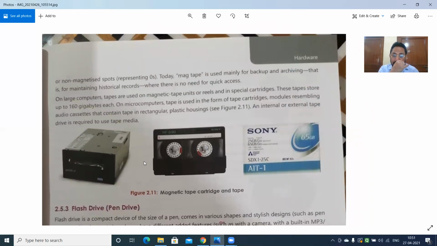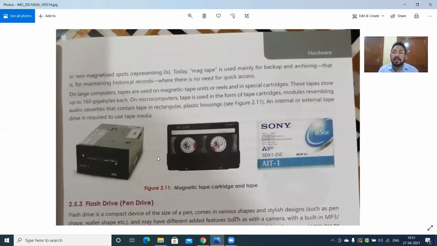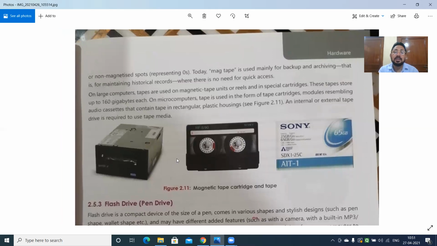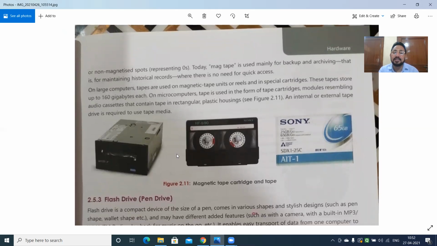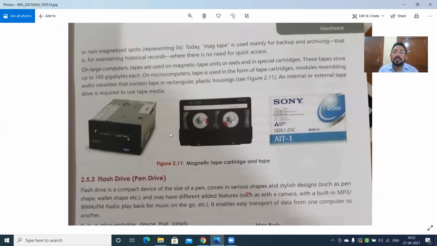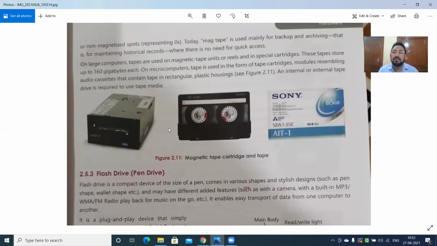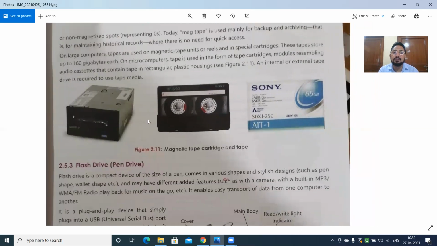Today, mag tape is used mainly for backup and archiving, that is for maintaining historical records, where there is no need for quick access. Large computer tapes are used on magnetic tape units or reels and in special cartridges. These tapes store up to 160 gigabytes.